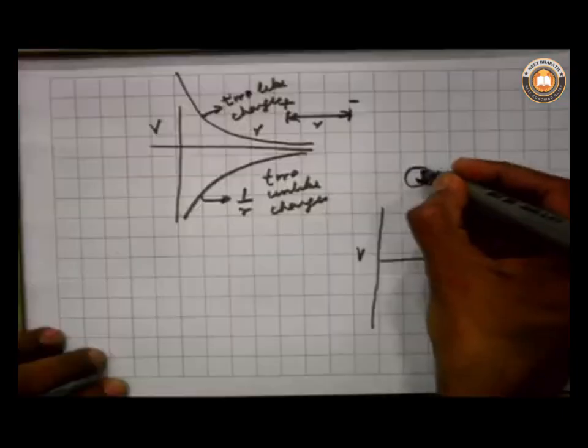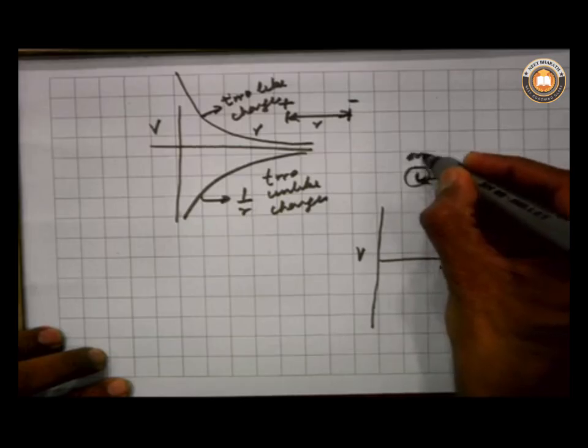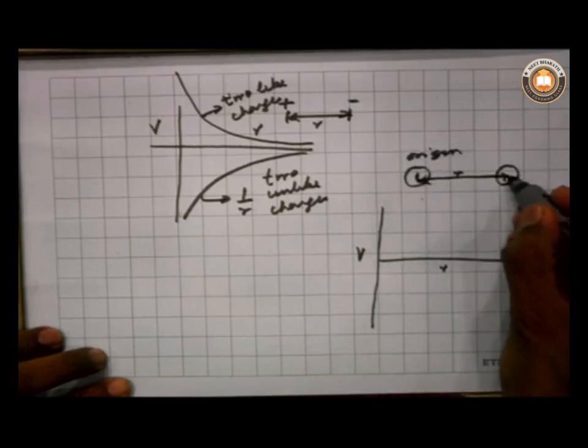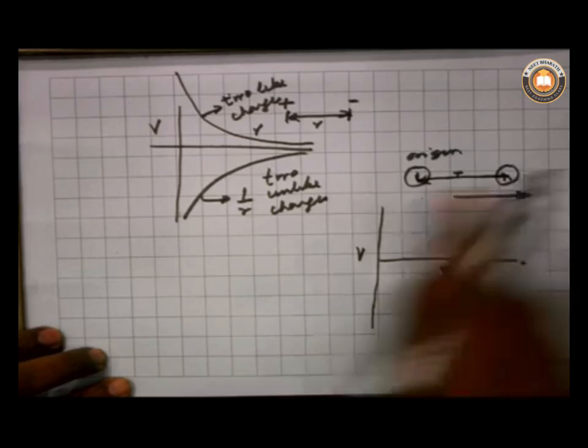If I fix this to be the origin and I have the molecule here, the repulsive force means it is going in the plus x direction. A force of attraction means that it likes to come together.